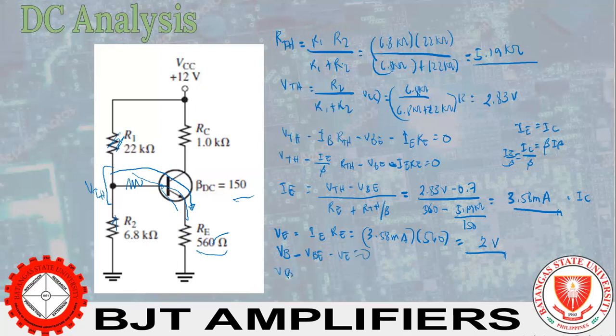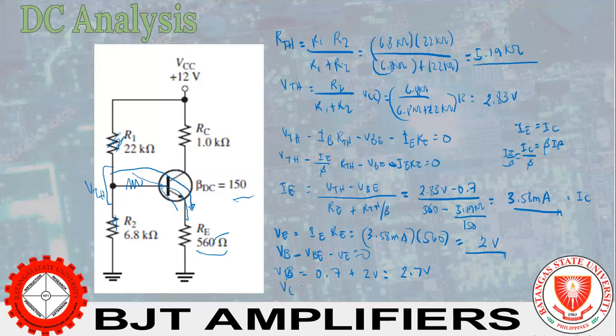Therefore, si VB ay equals kay 0.7 plus yung VE natin, which is 2 volts. So, therefore, we have 2.7 volts na VB. Okay? So, pwede din natin kuhanin yung IB, then multiply natin kay RTH, and that is also the VB.